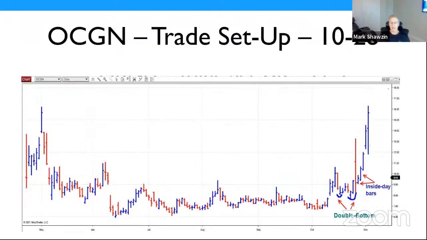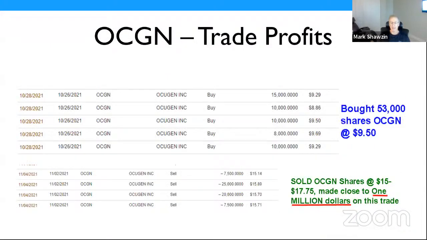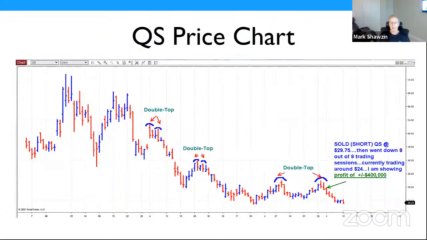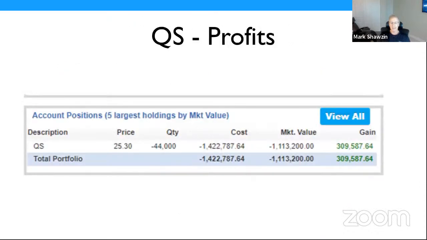These are all things where I saw certain technical formations and jumped on them. On this trade I made almost 7 figures in OCGN as it went from $7 to $10. I made a monster amount of money shorting QuantumScape in its stair-step fashion, from $50 to $40 to $30, and then to $20.